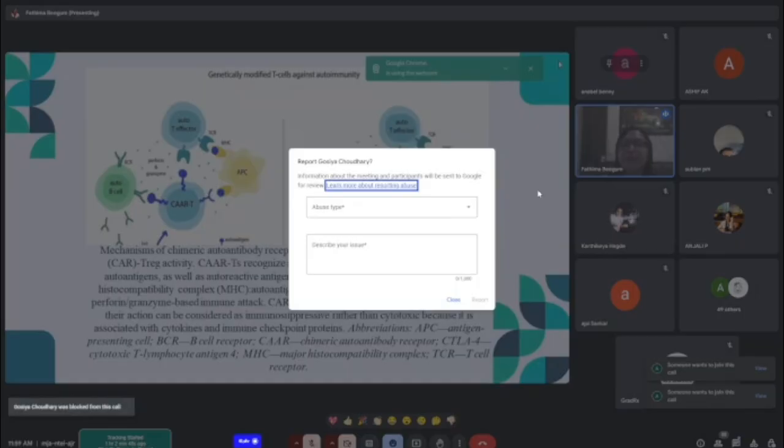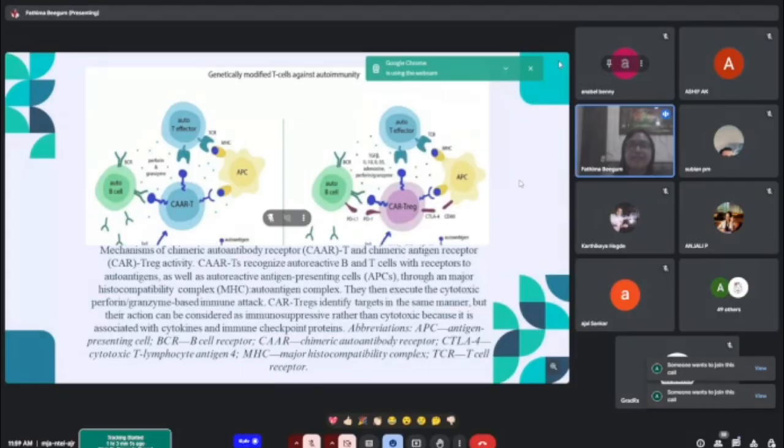That is nothing but chimeric autoantibody receptor T cell therapy. Autoantibodies are detected and destroyed. And the CAR drug is also used, in which the cytotoxic property of the T cells is converted to regulatory property and autoantibodies are destroyed. So these two techniques are commonly used for autoimmune disorders.